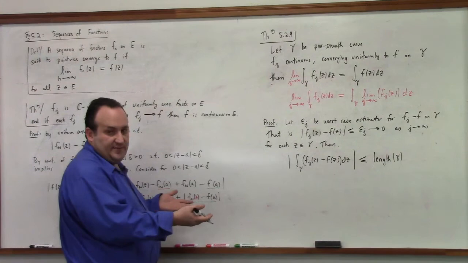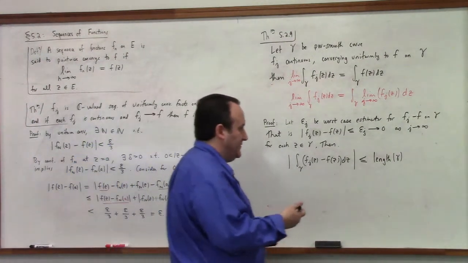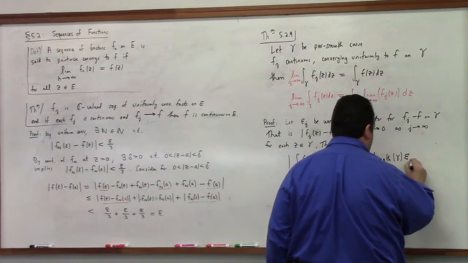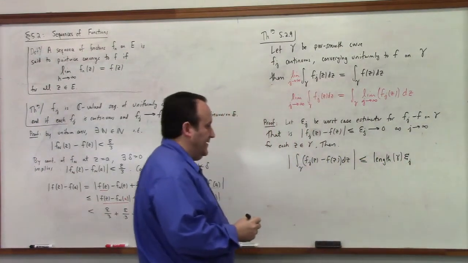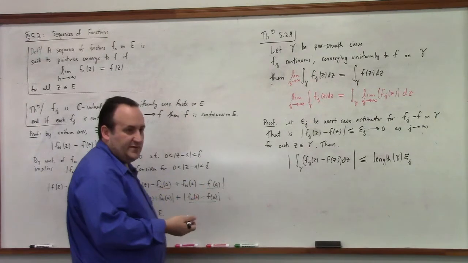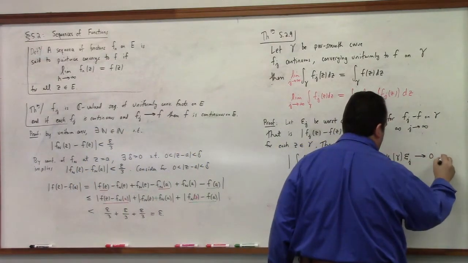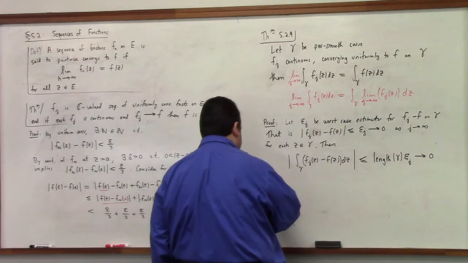It's the worst case estimator. So epsilon sub j serves as an M, if you will, for the ML theorem for every j. And that goes to 0 as j goes to infinity.